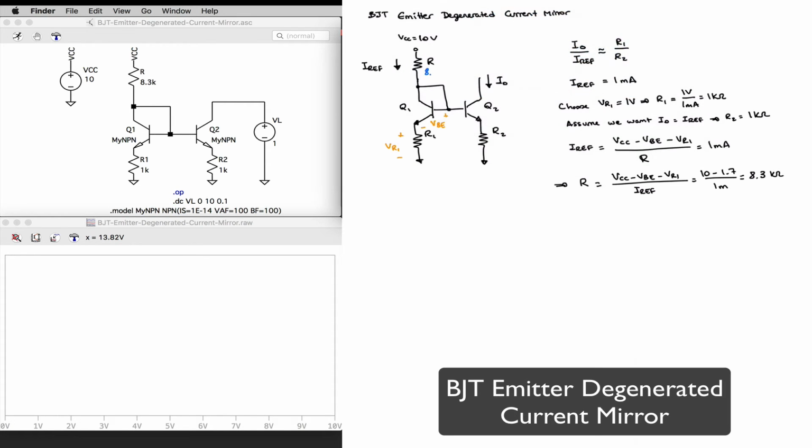And therefore, I'll have 8.3 kilo ohms for resistor R, 1 kilo ohm for each one, R1 and R2. And that's what I have here in my circuit schematic.